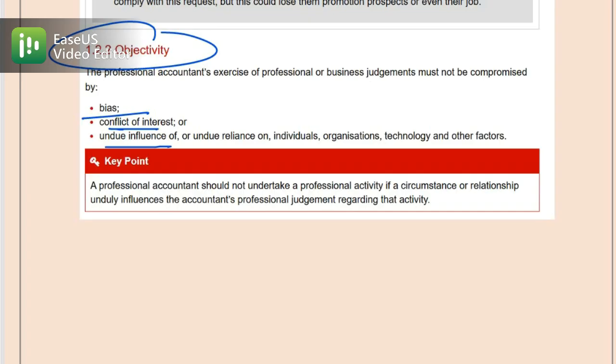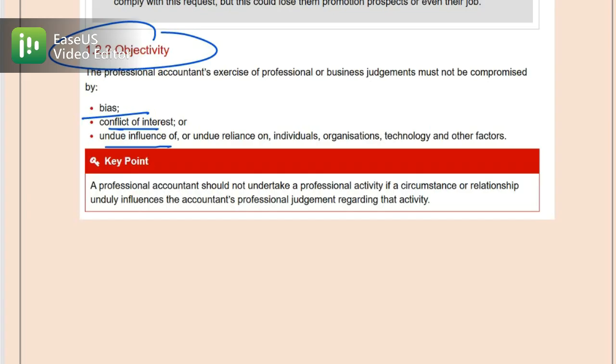Conflict of interest means where you have something to gain from a particular outcome. Undue influence means where someone or something is pressurizing or swaying your judgment. The key point here is that a professional accountant should not undertake a professional activity if circumstances or relationships unduly influence their professional judgment regarding that activity.